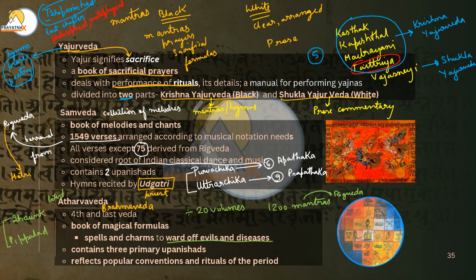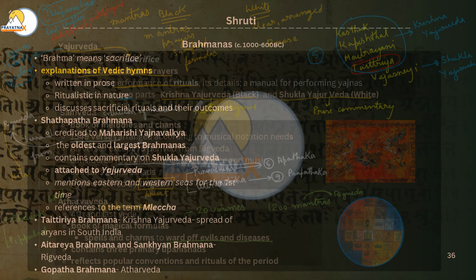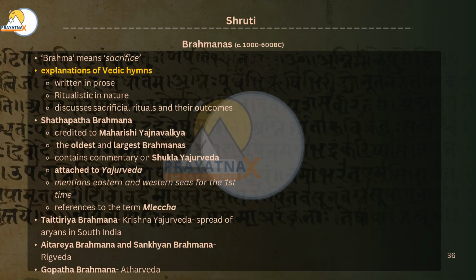Now moving on to Brahmanas, it is another part of the Vedic literature. It was written in the later Vedic period. Moreover, it provides the prose explanations of the ways how the ritual should be performed and their specific outcomes.